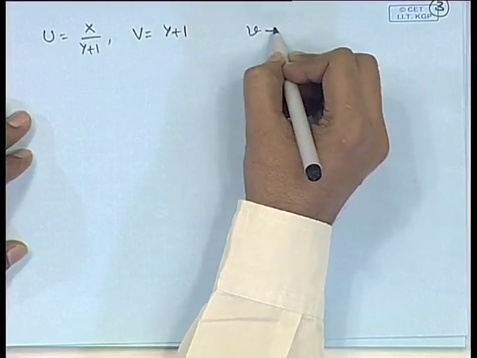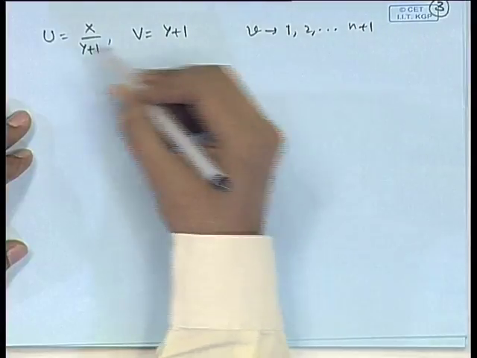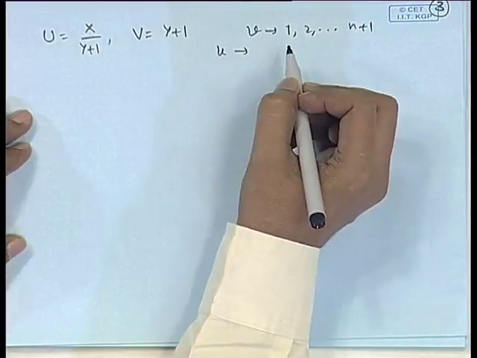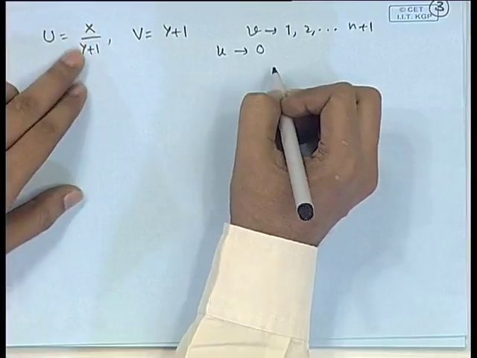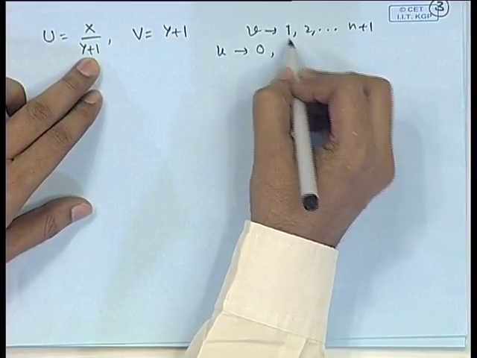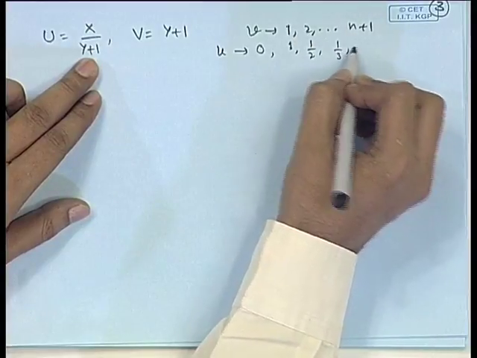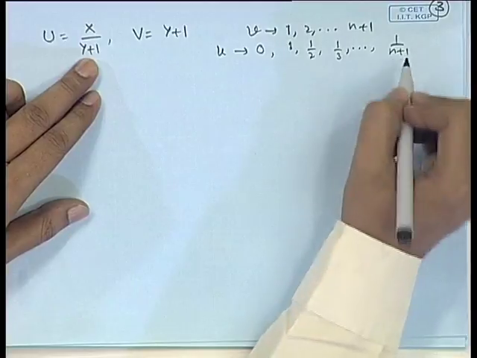So, V will take values 1, 2 up to n+1, whereas for the values of U, X can take value 0, X can take value 1, in that case Y+1 can take all these values. So, 1, 1/2, 1/3 and so on, 1/(n+1).